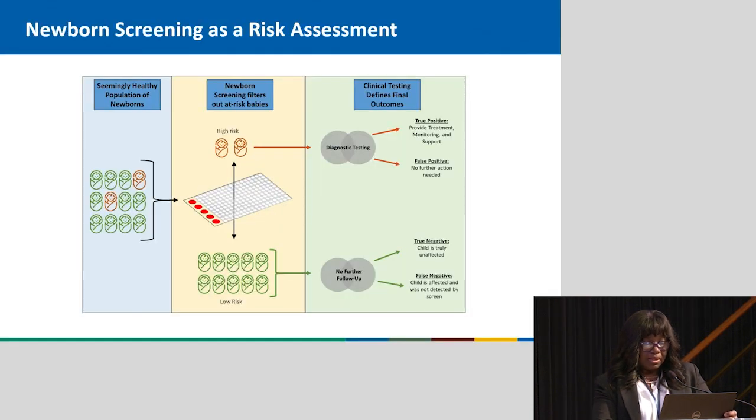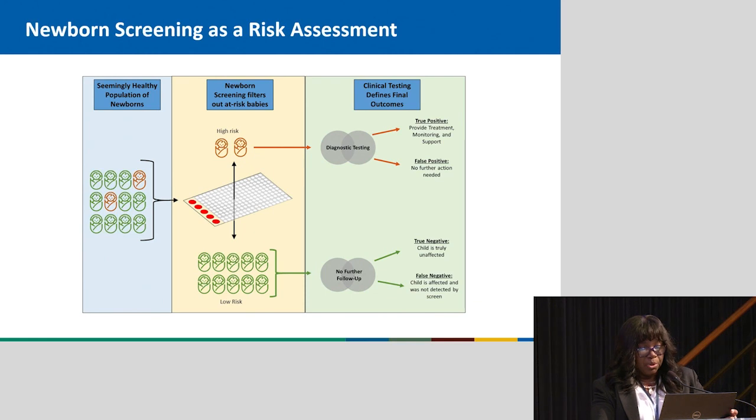So this schematic illustrates that newborn screening, even with the use of molecular testing, is still only risk assessment. On the left, in a seemingly healthy population of newborns, filter paper evaluation of biochemical and molecular targets allow us to separate out those that are high or low risk from having a disease, a specific screened disease.